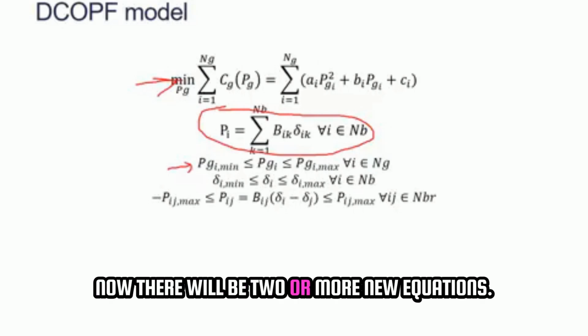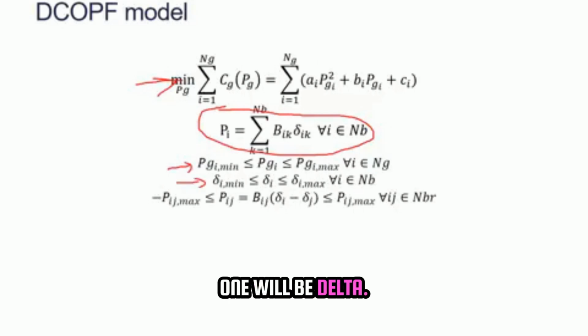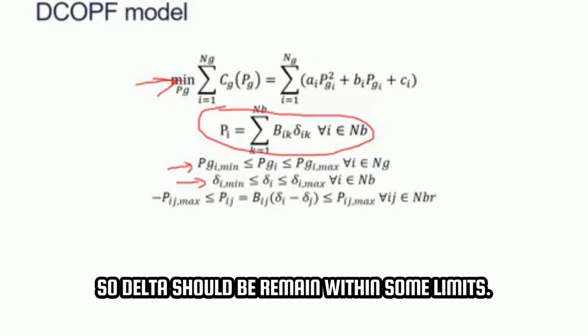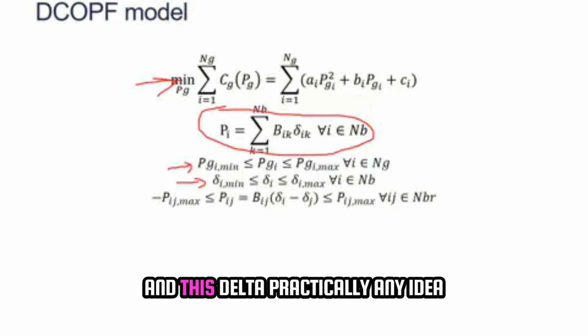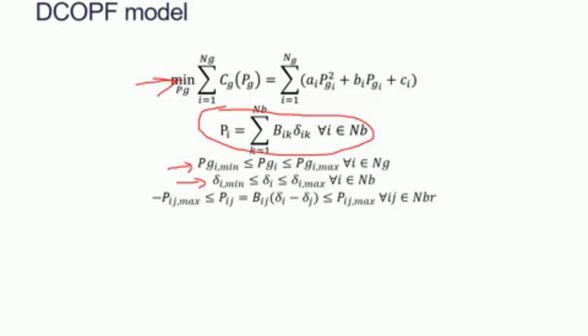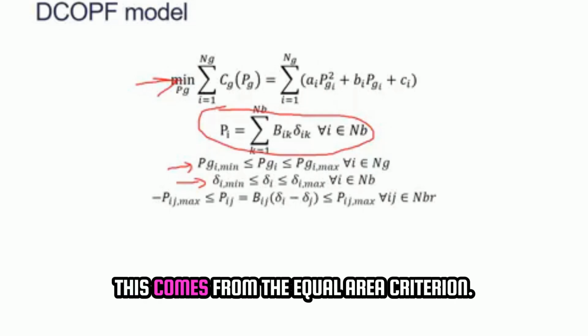Now there will be two or more new equations. One will be delta. So delta should remain within some limits, and practically, any idea what limit we keep for this delta? How much angle should we allow? This comes from the equal area criterion. Anyone knows that?